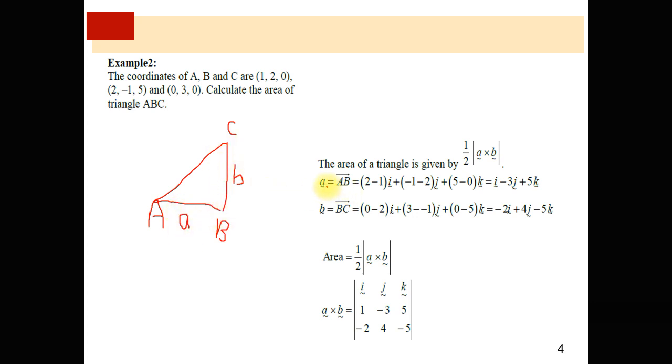So first of all, find vector a, which is equal to B minus A, and from B minus A we obtain i minus 3j plus 5k.